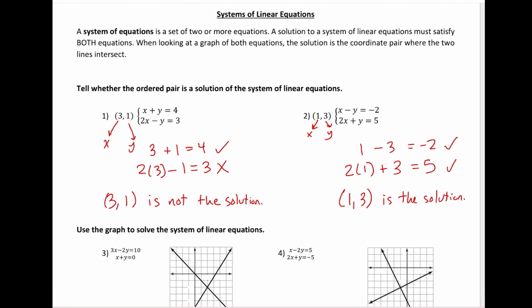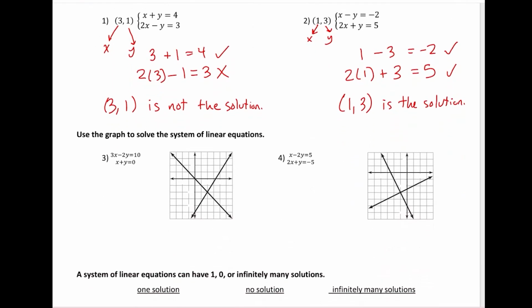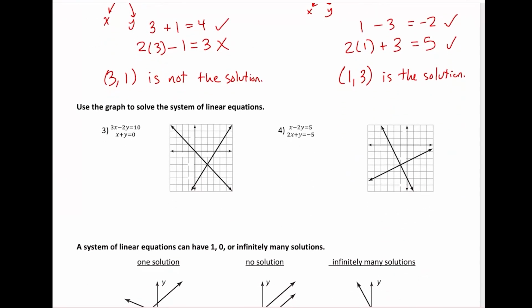Now, visually, we're only working with linear equations here for these types of problems. Whenever you graph a linear equation, and graphing really isn't on the TSI, so you don't really need to know how to do the slope and all that. It's not really a big deal. But if you are thinking about these graphs visually, the point that is the solution is the point at which the two lines intersect with each other.